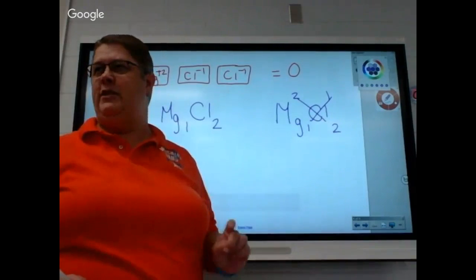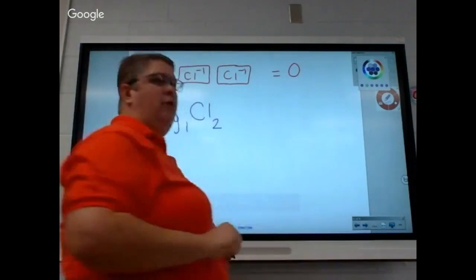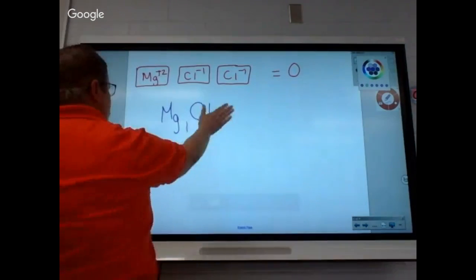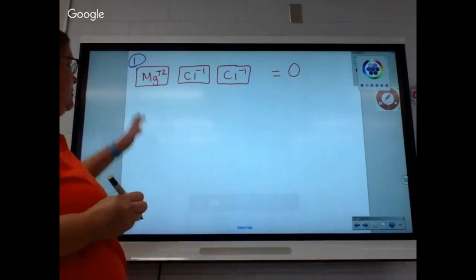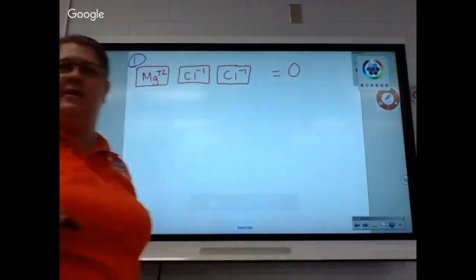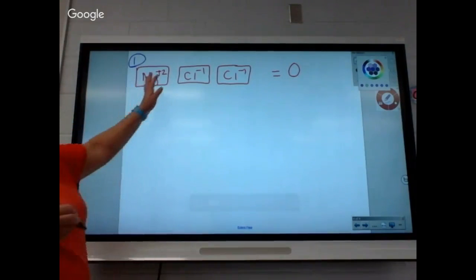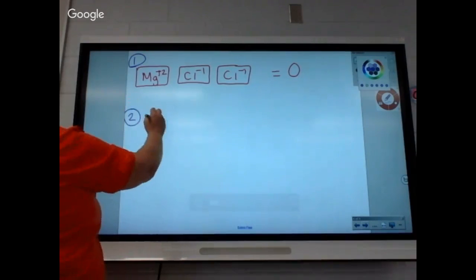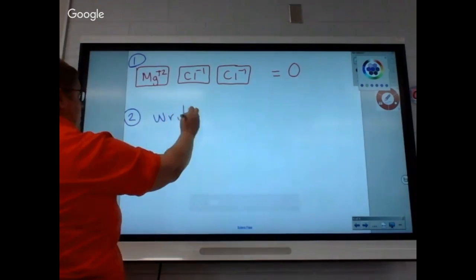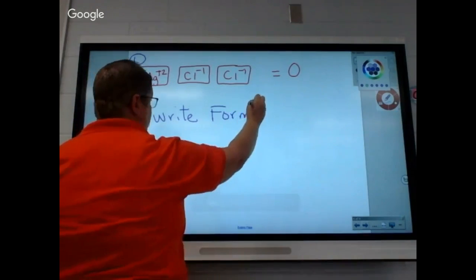Okay? So, on the lab today, we're going to do 3 things. Number 1, we're going to glue down the ions to figure out how to get the oxidation numbers to total 0. That's the first thing you're going to do. And I'll leave this up so you've got the directions in front of you. Number 2, you're going to write the formula. Now, you can do it either way.